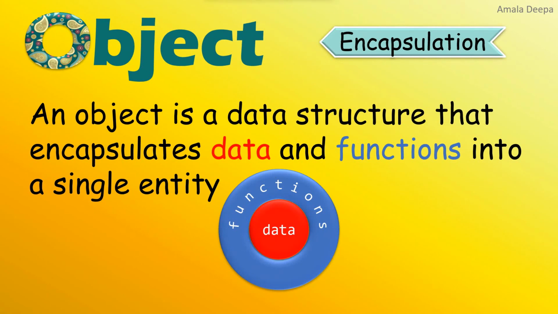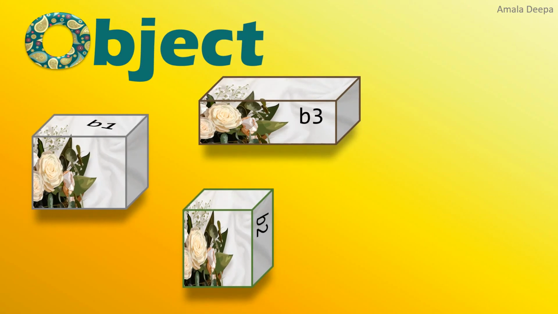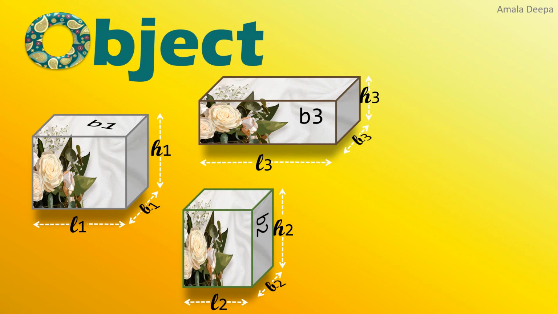Let me explain the term object with an illustration. Here I have three objects, B1, B2, B3. Actually, they are three boxes. Each of these objects has its own length, its own value for breadth, and its own value for height. Also, the volumes of each of these objects are calculated as follows.